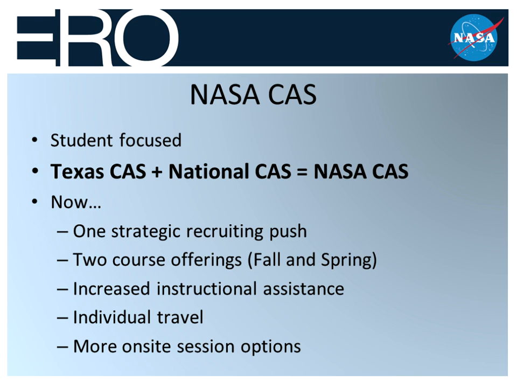We're also able to increase our instructional assistance because we can hire some instructors that can guide the students through, which the national program had been doing this fall and got a lot of great results from, so we want to be able to increase that. We can also focus on individual travel so that students have the flexibility to attend any session they want on any dates that we have available if it works out with schedules better, instead of forcing groups of students into one week.